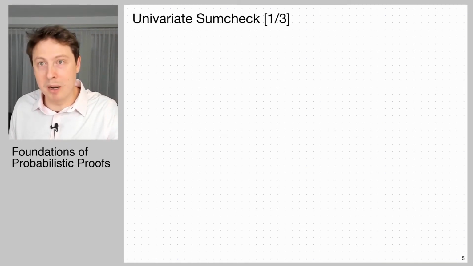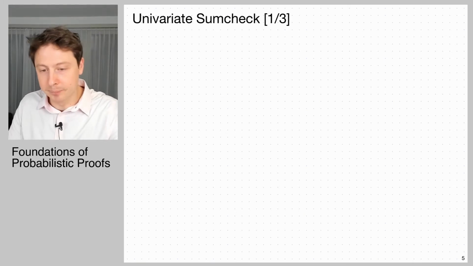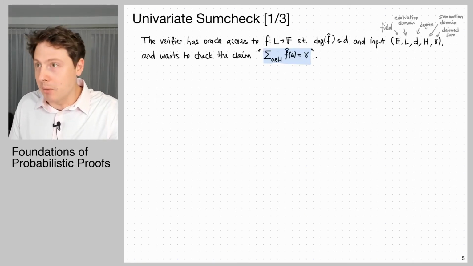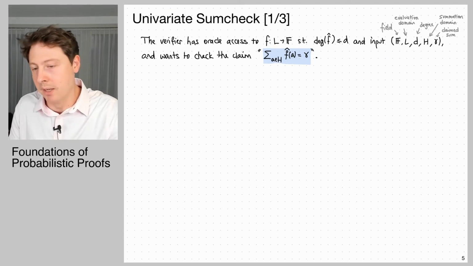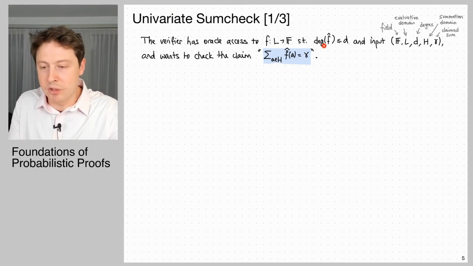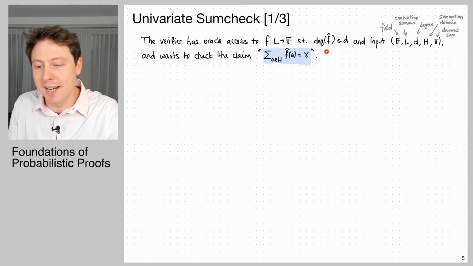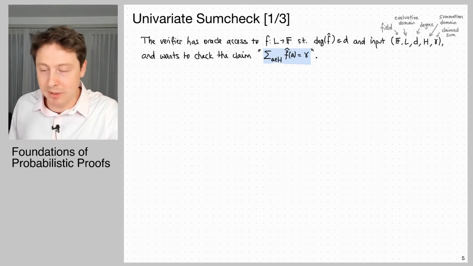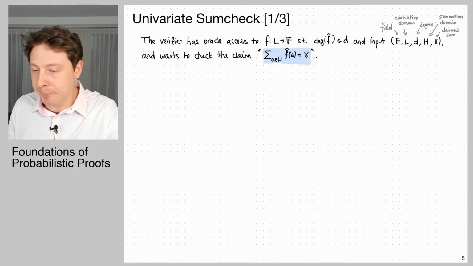Okay, let's warm up and start using low-degree extensions somehow. So this is the problem we want to solve. The verifier has oracle access to a univariate function defined over the evaluation domain. And for now, we're just going to assume it has oracle access to the function in a way that the function is already guaranteed to have low degree. Eventually, we'll test it, but for now, it has low degree.